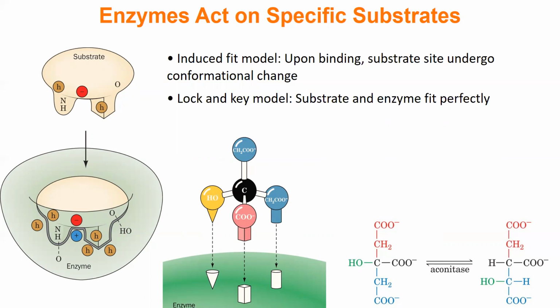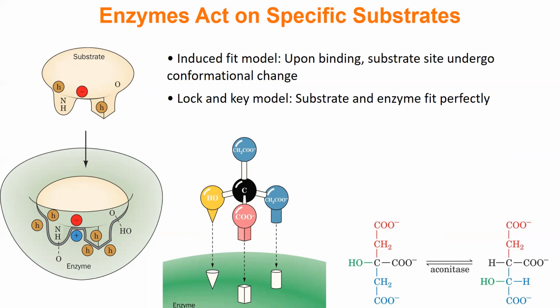Now, the induced fit model is your substrate binds very weakly at first, and when your substrate binds weakly, the site where you're binding undergoes a conformational change. And that conformational change makes your substrate and enzyme bind more tightly, and your reaction can go forward.